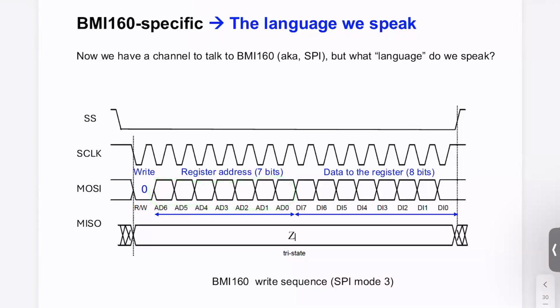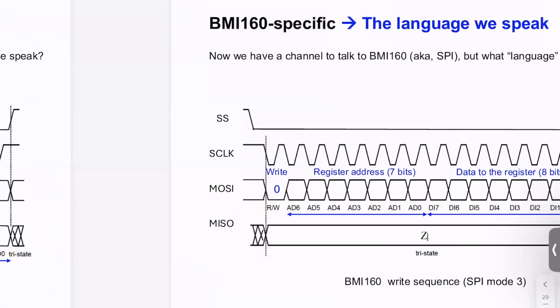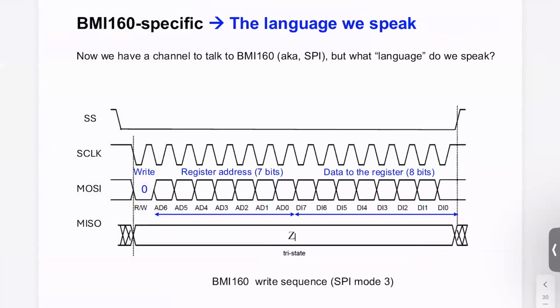Immediately following that, you go ahead and provide the piece of data you are going to write to the register. So these are the protocols of SPI when you talk to the BMI 160. It can be different for a different sensor. But for the sensor we are using, these are the read and write sequences.